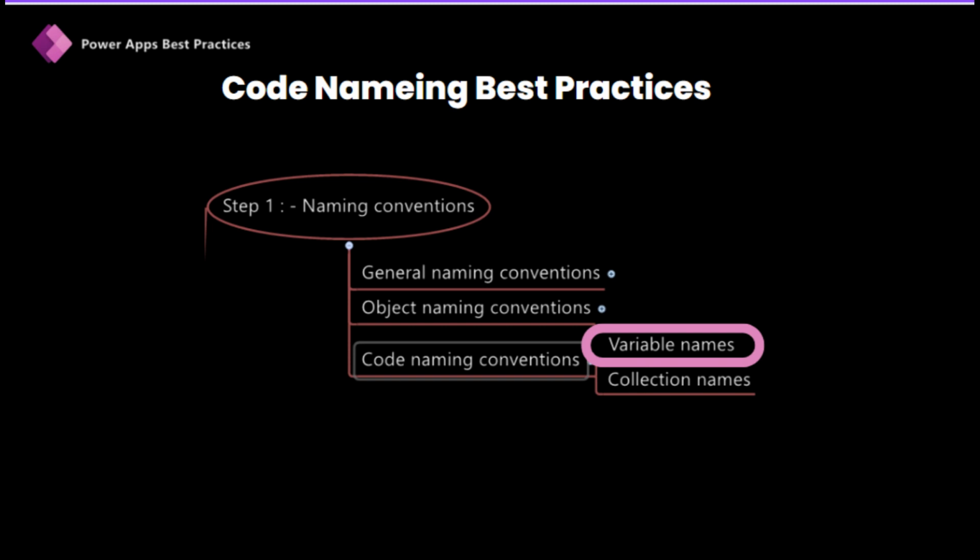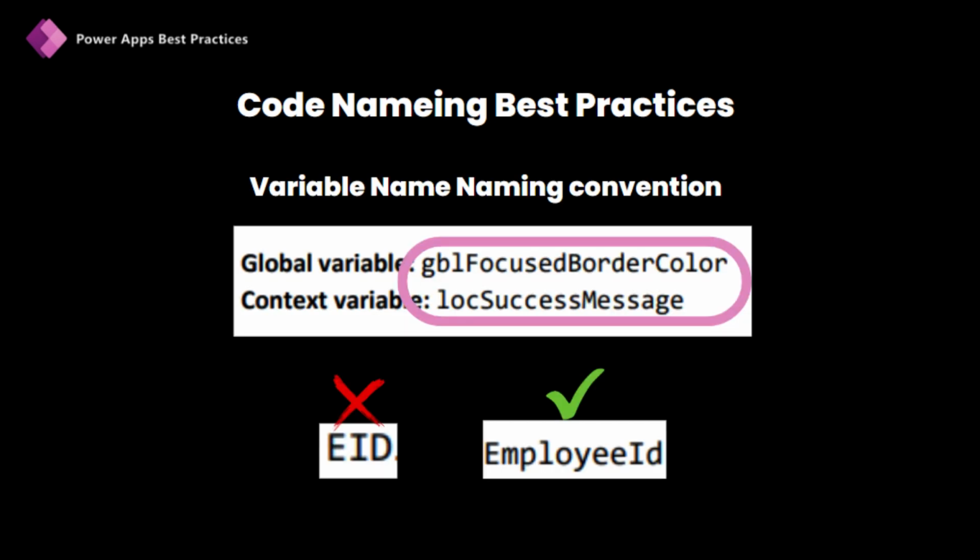You must be descriptive of the variable's function. Think about what the variable is bound to and how it's used, and then name it accordingly. You should prefix your global and context variables differently. Make sure that you prefix context variables with loc and prefix global variables with global. The name after the prefix should indicate the intent of the variable.